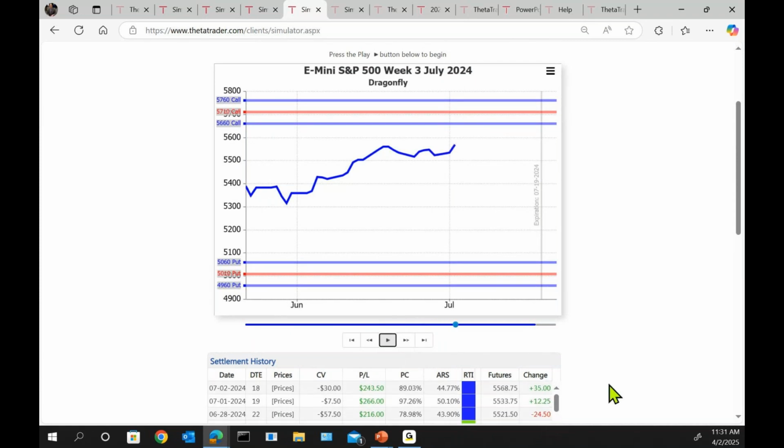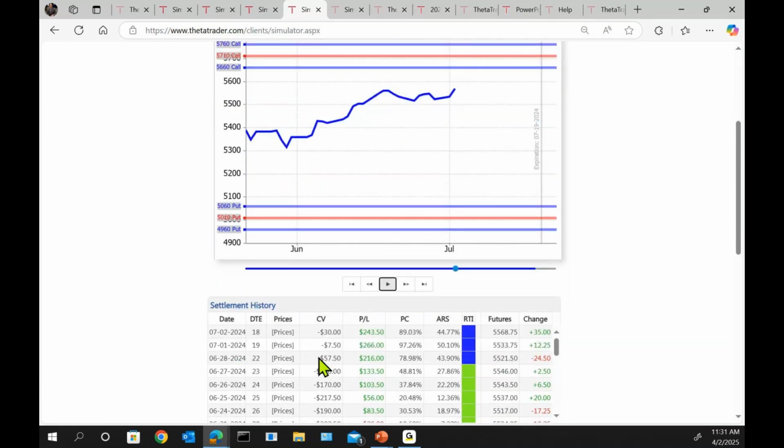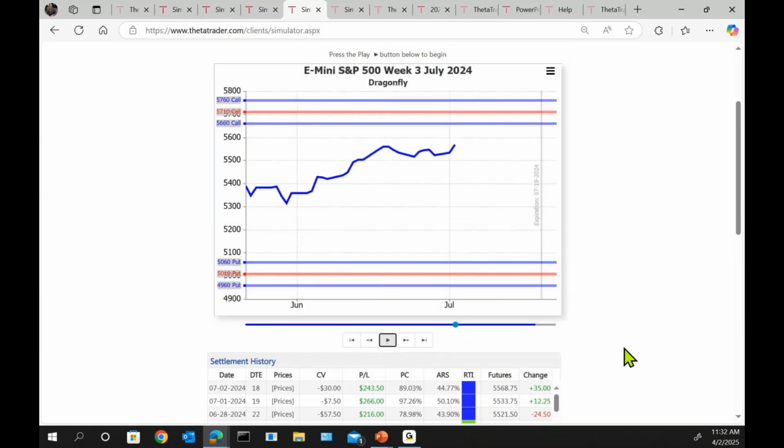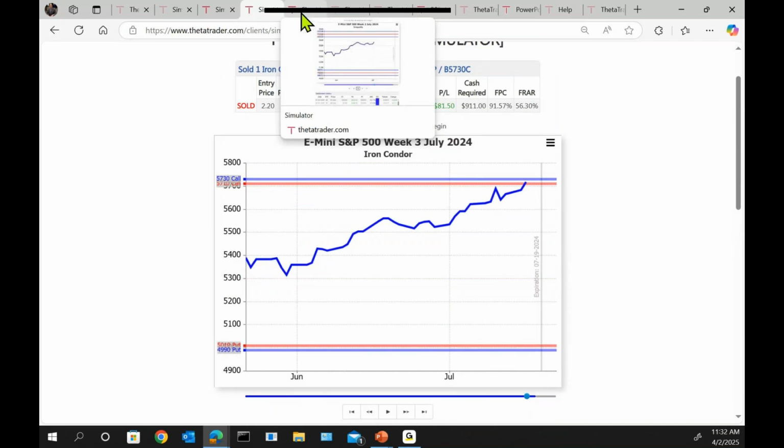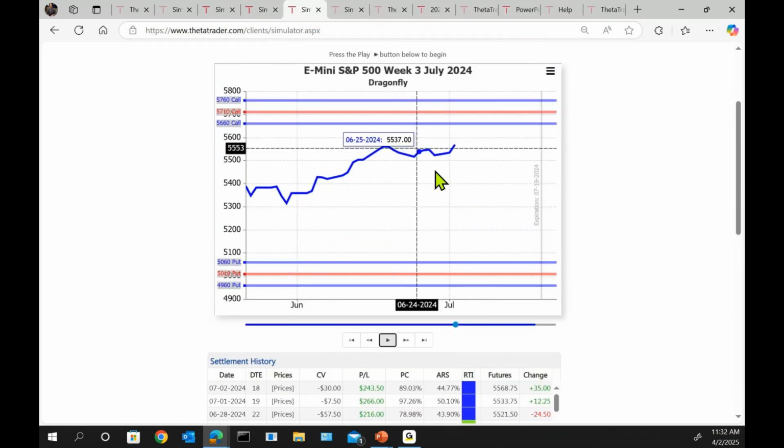Look at that. You get a profit-taking signal with 3 weeks remaining in that trade till expiration. So instead of a losing position on the condor back here, the equivalent July week 3 expiration dragonfly actually ended up being a profitable position.